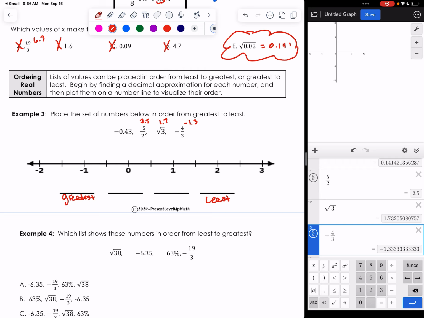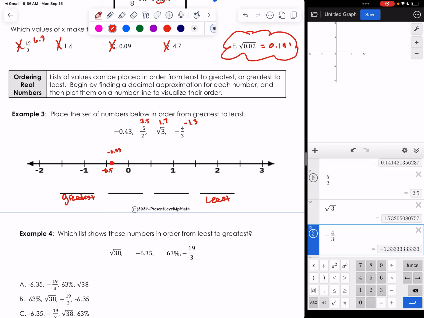The first one, negative 0.43. So here's 0. It's negative, so we're going to go to the left. This would be negative 0.5. So negative 0.43 would be about right here, and I'll label it. Almost to the negative 0.5.